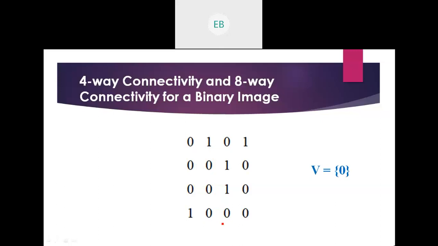So what I'm trying to say here is, for a binary image, that is, it consists of zeros and ones, it all depends on the reference. Suppose if you take this pixel as reference, the concept changes. If you take this pixel as reference, then also the concept keeps on changing. Whatever reference you take, with respect to that you will get 4-connected or 8-connected.